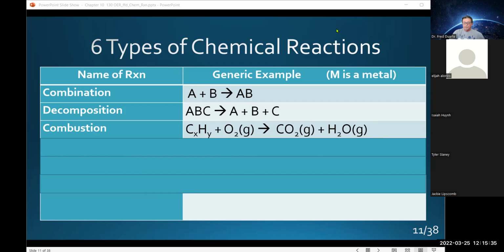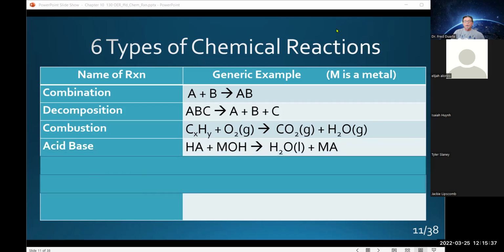Okay, that's a combustion reaction. Second one, we had a whole chapter on acids and bases. Remember, by definition, most of the time we're dealing with the Arrhenius definition. The Brønsted-Lowry definition, if you move up in Chem 151, 152, may come into play a little bit more.